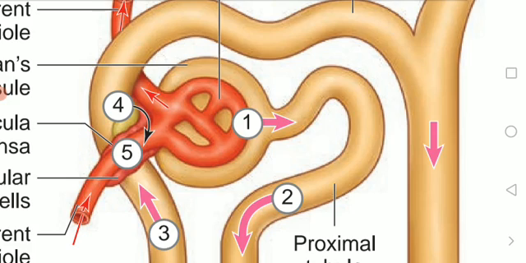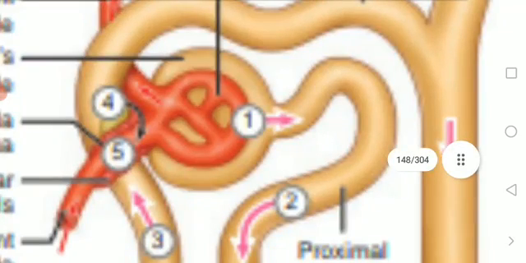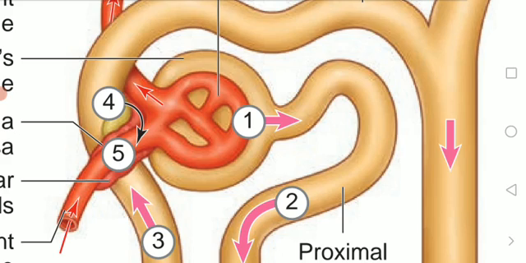Glomerular pressure is the chief force that pushes water and solutes out of the blood across the filtration membrane. The glomerular blood pressure, as I told you earlier, is approximately 55 millimeters of mercury, which is much higher than in other capillary beds.